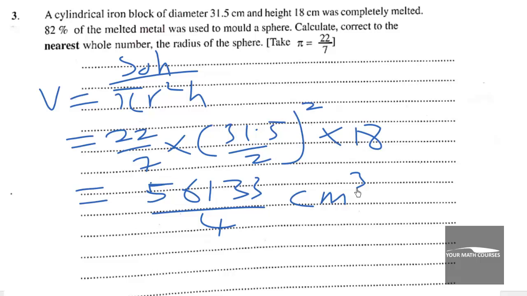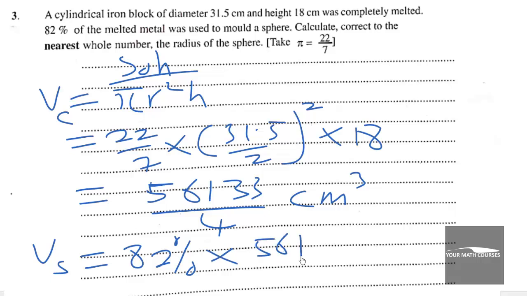Then we're told that 82% of this was melted and used to mold a sphere. So we need to find 82% of the volume of the cylinder, which gives the volume of the sphere. The volume of the sphere will be equal to 82% of 56133 over 4.